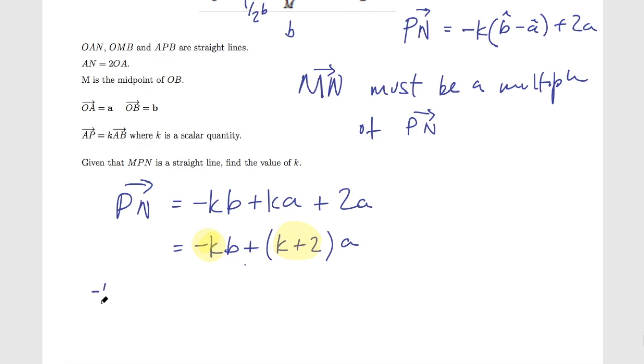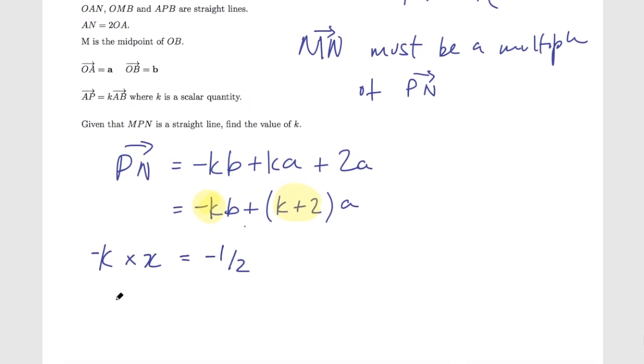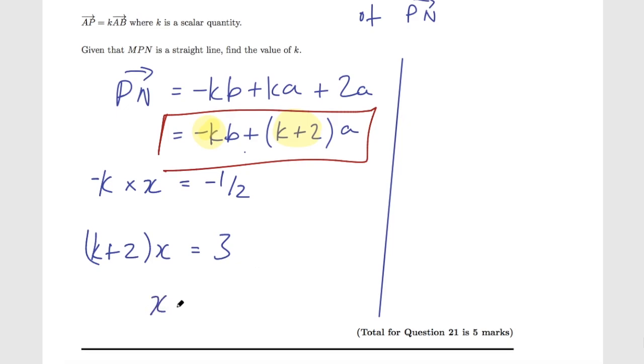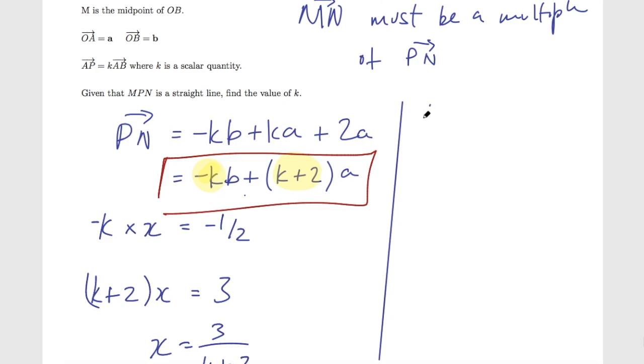So I've created a set of simultaneous equations with two unknowns, and now I can solve for k. So let's say that x equals 3 on k plus 2.